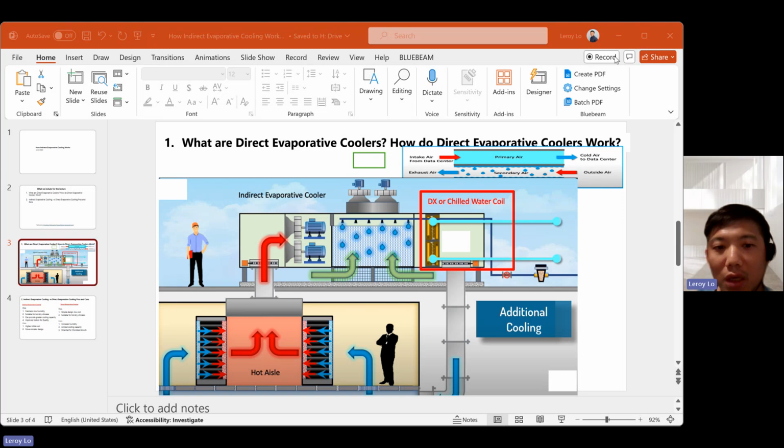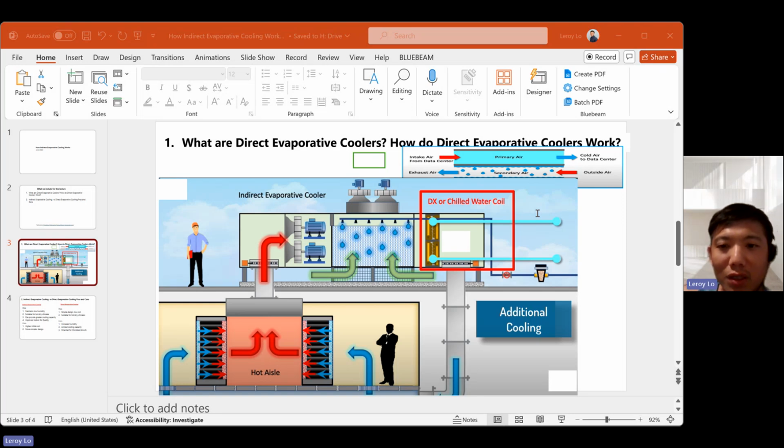So let's say, what if you don't have enough capacity? If the indirect evaporative process cannot meet the load because of unfavorable outdoor ambient conditions, a secondary phase of cooling can be added.